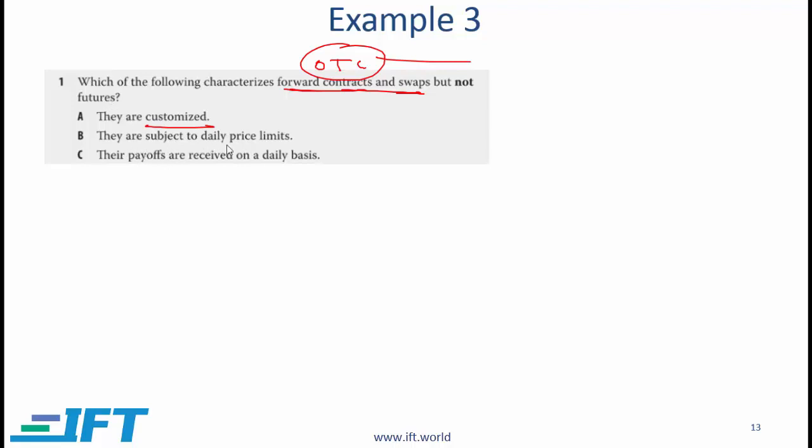They are subject to daily price limits. I did not mention this, but this is something that is mentioned in the curriculum and something that you will see in detail later. We have daily price limits associated with futures contracts. Their payoffs are received on a daily basis. This is the daily settlement that I talked about with respect to futures. So the question is asking for the characteristics of forwards and swaps. The correct answer then is A.